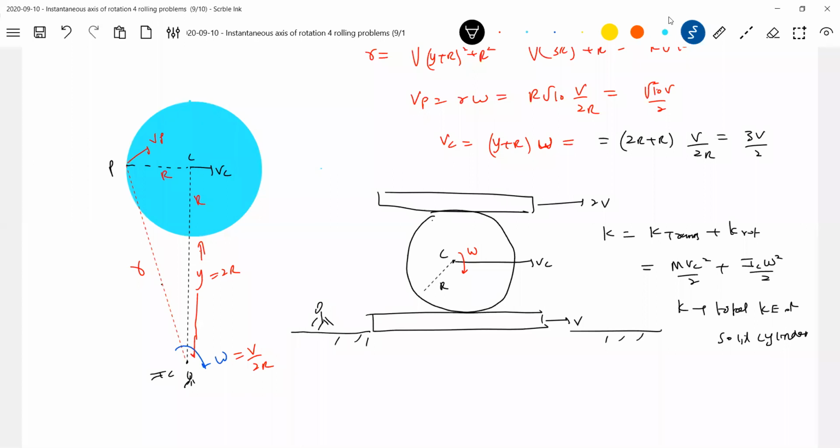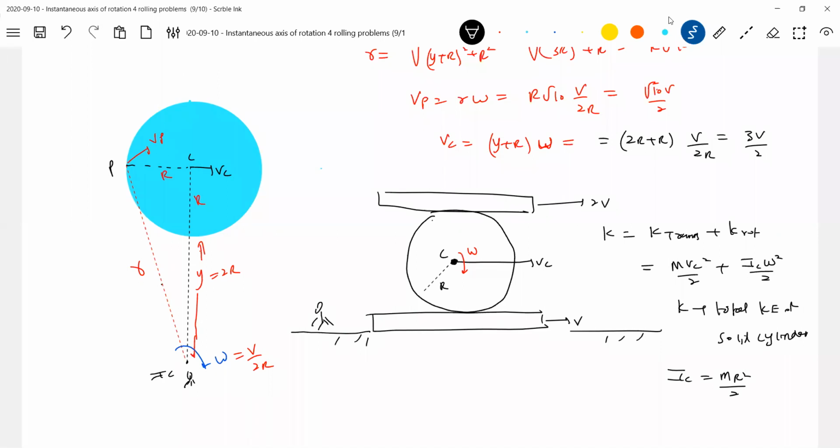Are you able to understand? Sir, IC is about this point, sir. Instantaneous center moment of inertia, I_IC is m r square by 2. Now if you want only the rotational kinetic energy, what should you write? The moment of inertia.